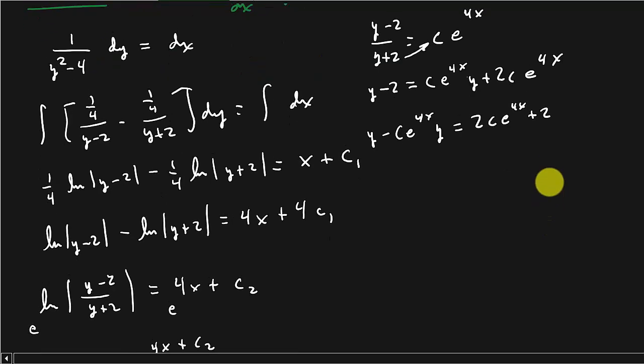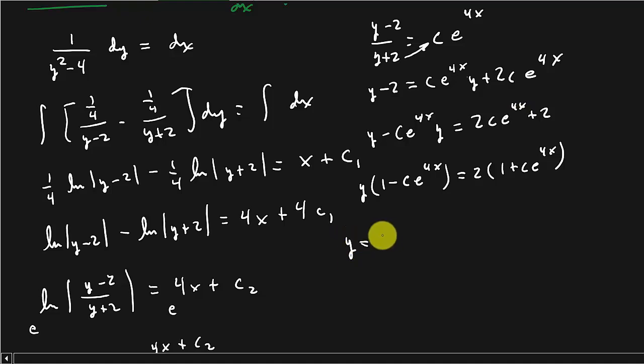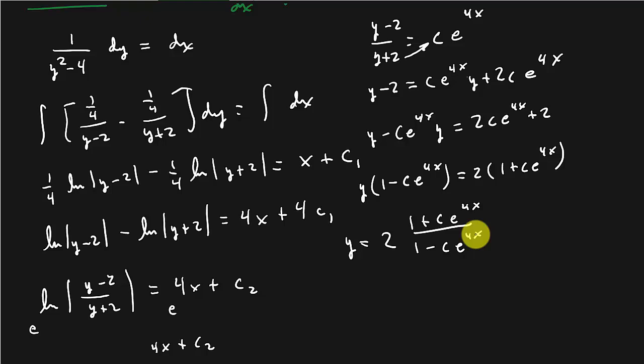And so this is going to give me y times 1 minus ce to the 4x equals 2 times 1 plus ce to the 4x, factored out of 2. And so I get y is equal to 2 times 1 plus ce to the 4x over 1 minus ce to the 4x. All right.